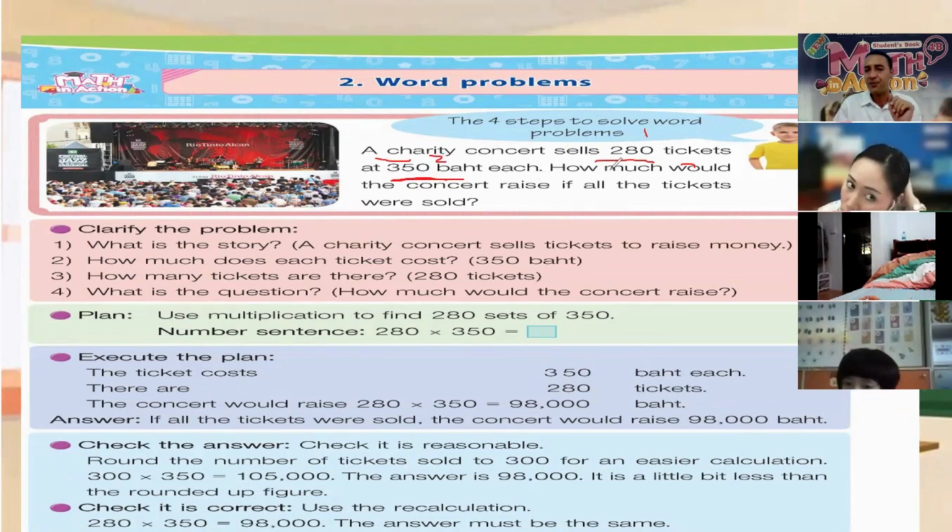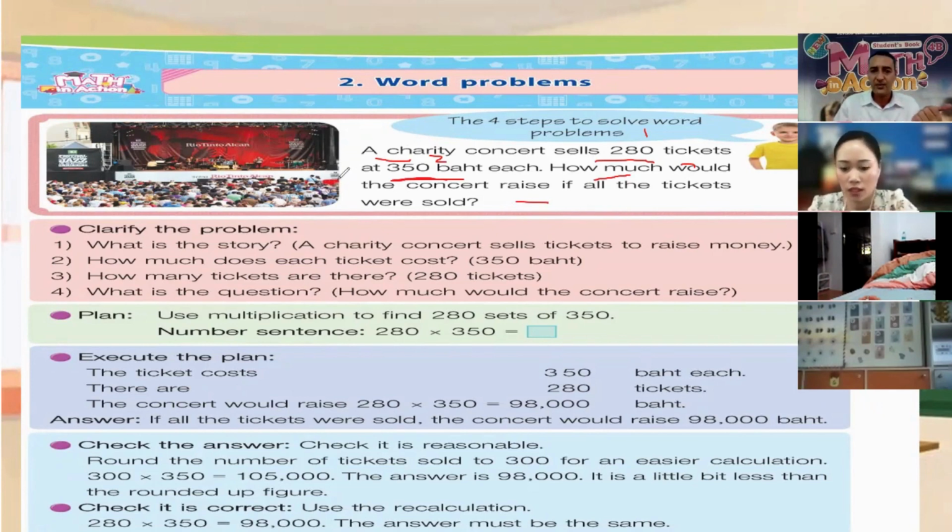Now read the question. What is the question asking? The problem is asking, how much would the concert raise if all the tickets were sold? So we have to find how much money the concert can raise when all the tickets are sold out.